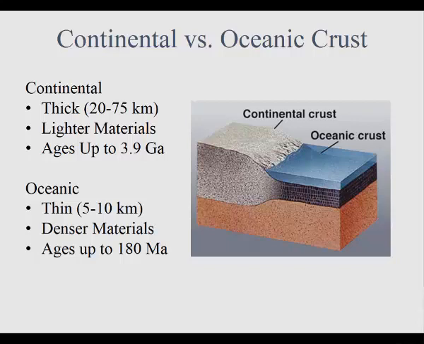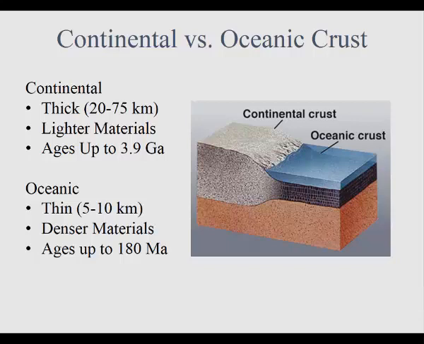I have some differences outlined here on the left, but basically the rocks that make up the continental crust, which is the upper part of that rigid lithosphere layer, are thick. They can be somewhere between 20 to 75 kilometers thick, a lot thicker than oceanic material, which may be more in the range of 5 to 10 kilometers thick.